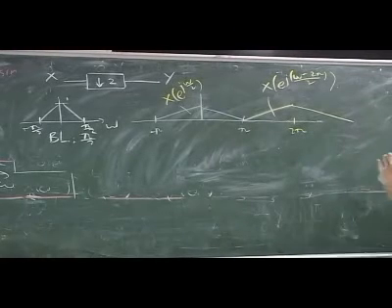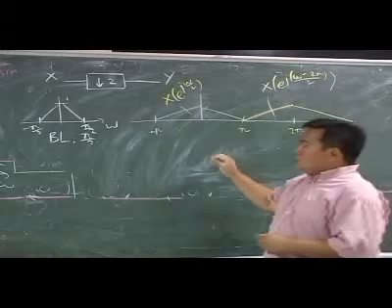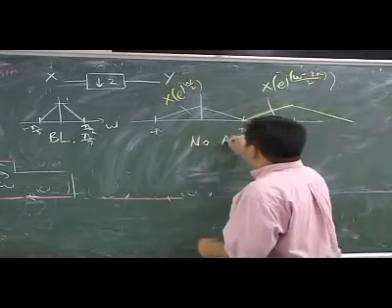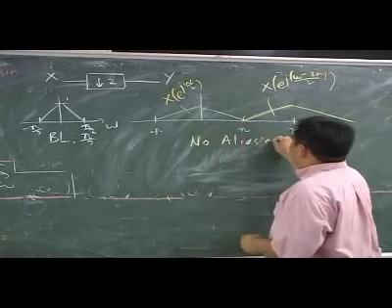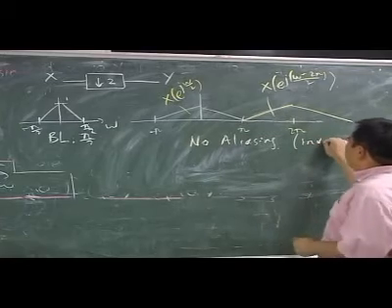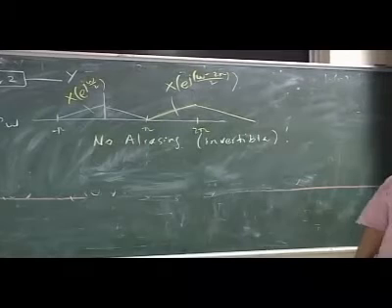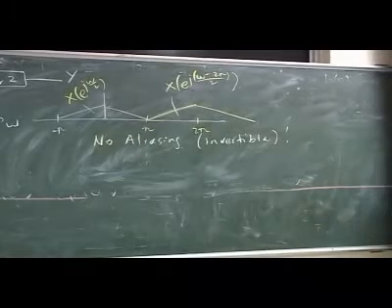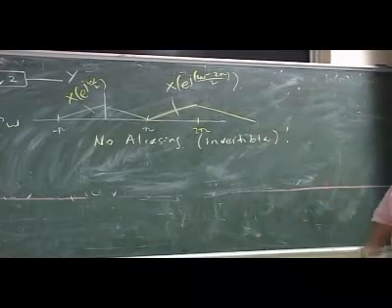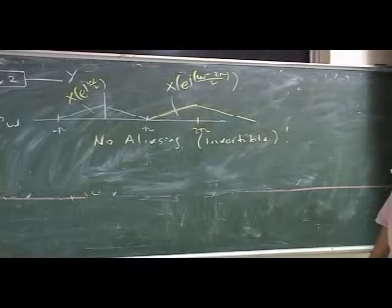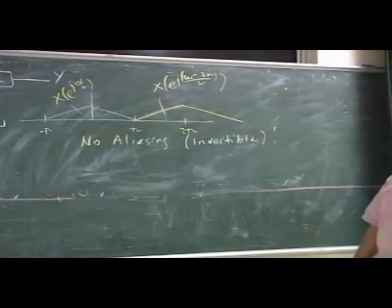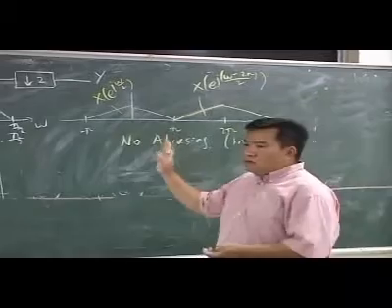This is the case with no aliasing, and it's invertible. Is that clear? Any question on this derivation?